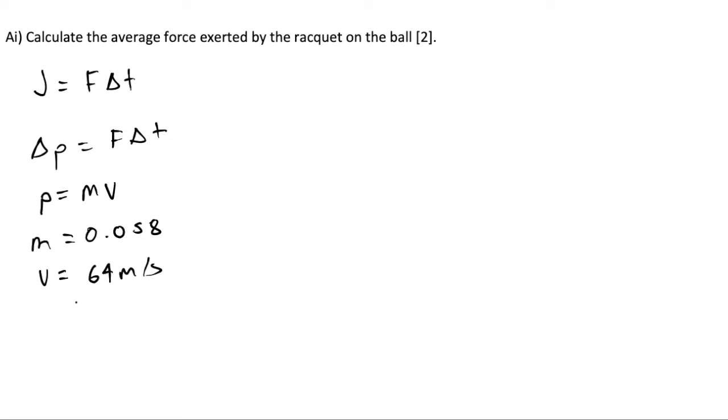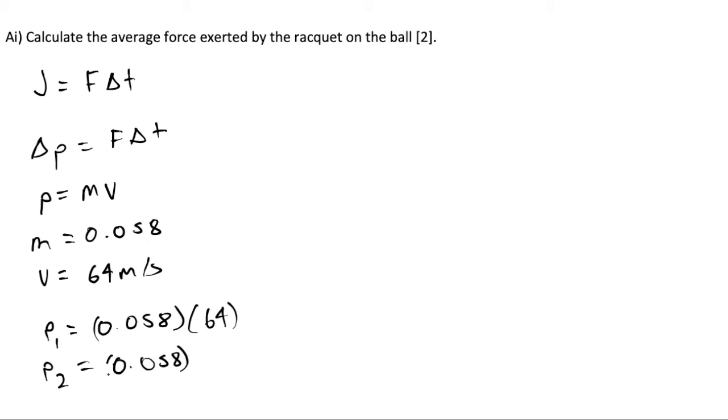Using this, let's solve for the final and initial momentum. So we can say P final is equal to 0.058, mass, times velocity 64.